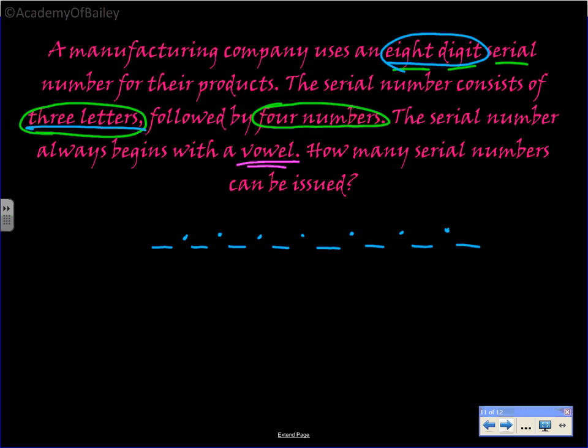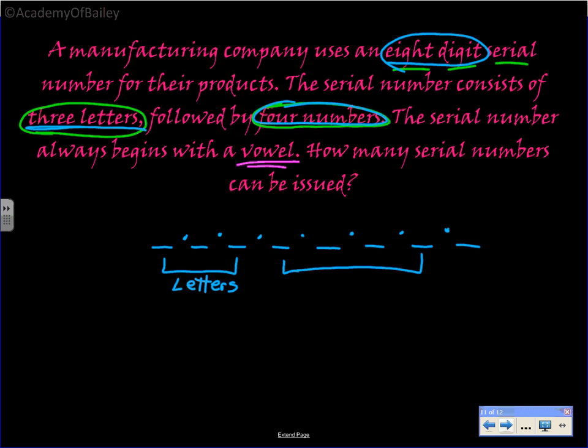Next, the serial number consists of 3 letters. So these 3 are going to be letters followed by 4 numbers. If it's 3 letters followed by 4 numbers, that can only be 7.